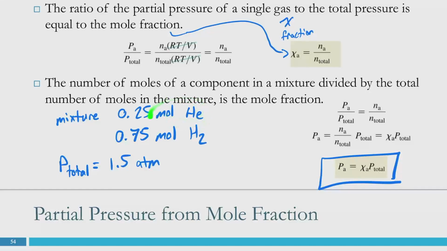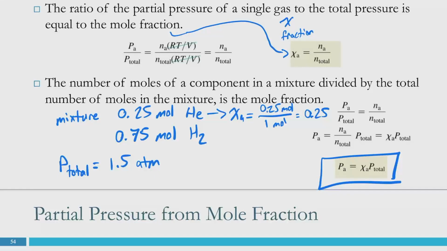So for helium, our mole fraction is going to be the number of moles divided by the total number of moles. Our total number of moles, 0.25 plus 0.75, is 1. So chi sub A is equal to 0.25 moles over 1 mole. Very convenient. So our mole fraction is 0.25.